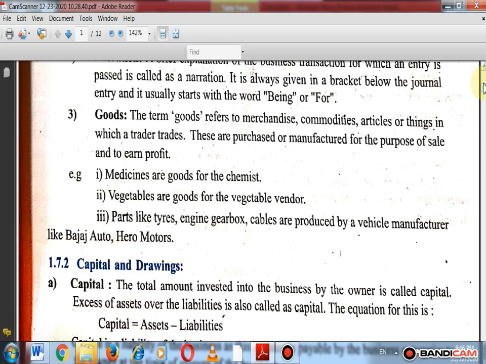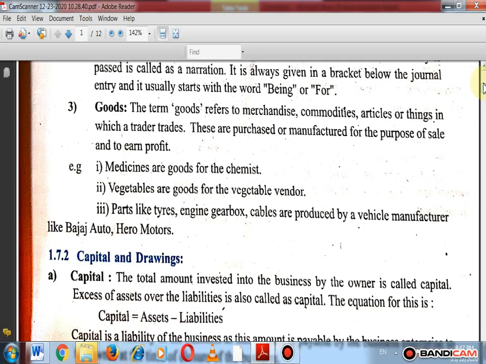For example, medicines are goods for the chemist, vegetables are goods for the vegetable vendor. Parts like tyres, engines, gearboxes and cables, produced by a vehicle manufacturer like Bajaj Auto or Hero Motors, are called goods.